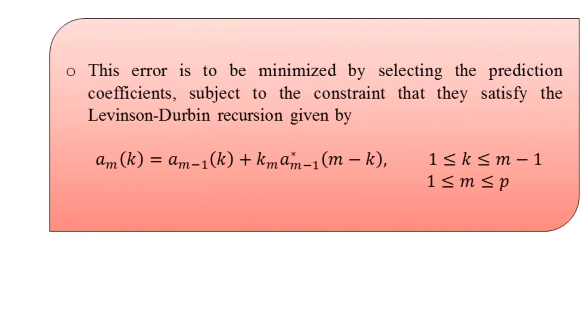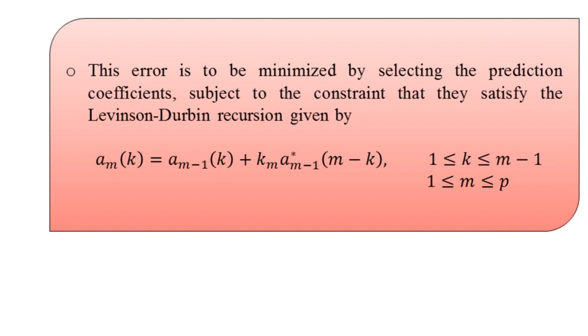So it can be given by a suffix m of k is equal to a suffix m minus 1 of k further added to capital K suffix m multiplied by the conjugate of a suffix m minus 1 of m minus k here, provided k is greater than or equal to 1 but less than or equal to m minus 1, whereas small m is greater than or equal to 1 but less than or equal to small p here.